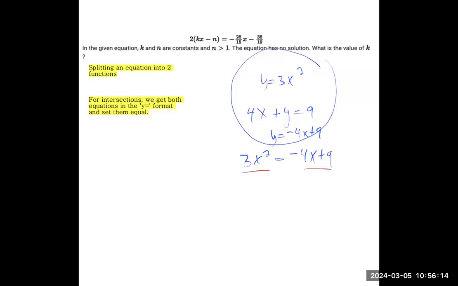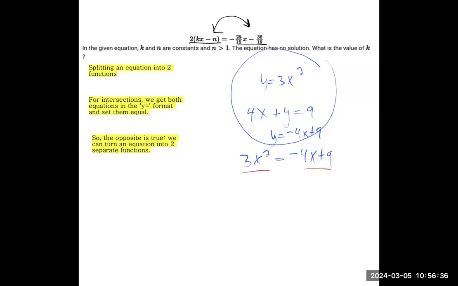Now, by that token, the opposite is true. If we see two things set equal, we at least have the option to imagine that these are two separate functions, and what we're looking at is the intersection of those two functions already being played out for us.